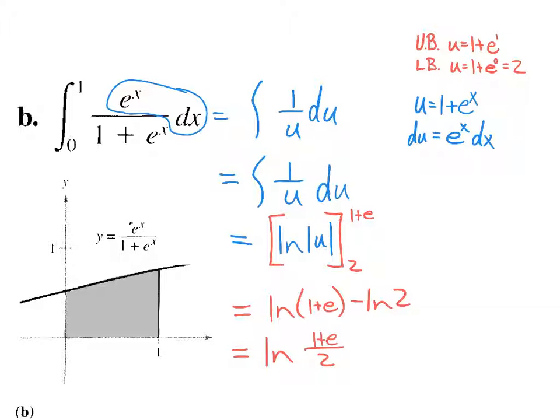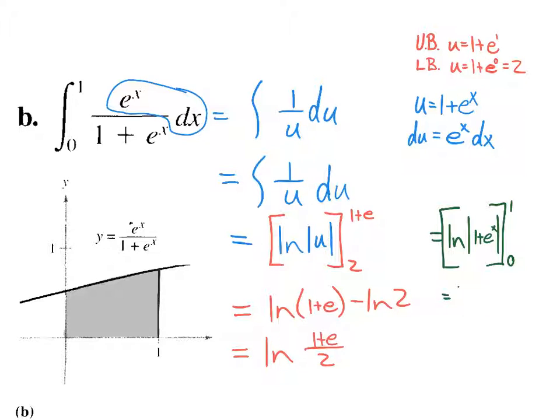Can we put 1 plus e to the x inside the ln and use 0 to 1? Yes, we can. That's the other way you could have done this. Ln absolute value of 1 plus e to the x, and then use 0 and 1.